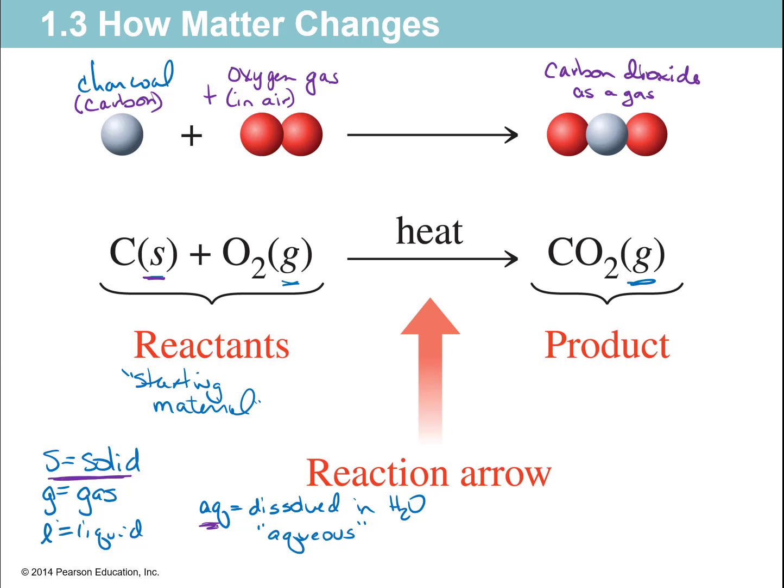If you make a solution of salt, if you take a cup of water and add a spoonful of salt, stir it up, it dissolves. They would say that salt is dissolved in the water, and they use the term AQ, which is aqueous. So aqueous just means dissolved in water. So those are some of the indications about state that you might see in a chemical reaction.